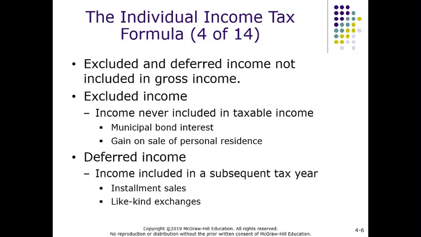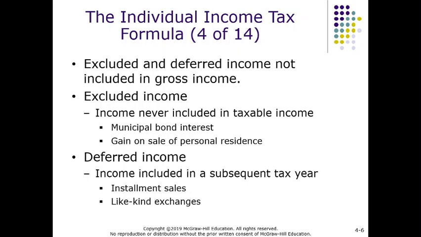Now, what if you own a federal bond? Well, that's not excluded, so you would have to include that in taxable income. Gain on the sale of a personal residence up to a certain amount, if you meet all the requirements, is excluded from income. Certain items are deferred even though realized.